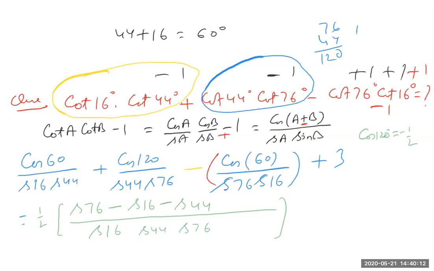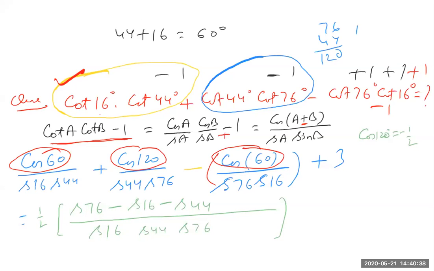Sir, could you explain the numerator again? See, this cot A cot B minus 1, so here A is 16 degrees. In the previous step, sin 76 minus sin 16 minus sin 44. This is minus half, so this half is outside.